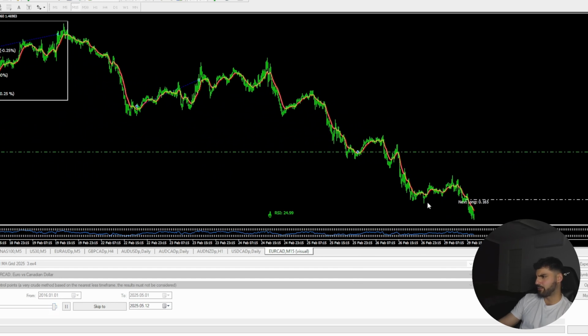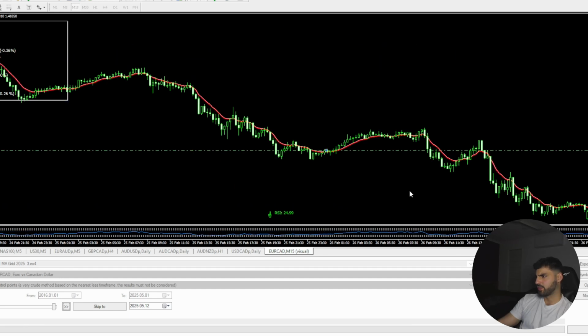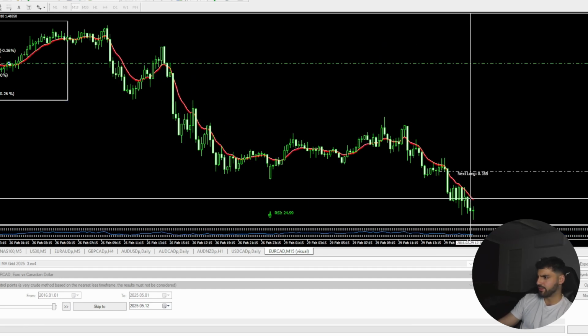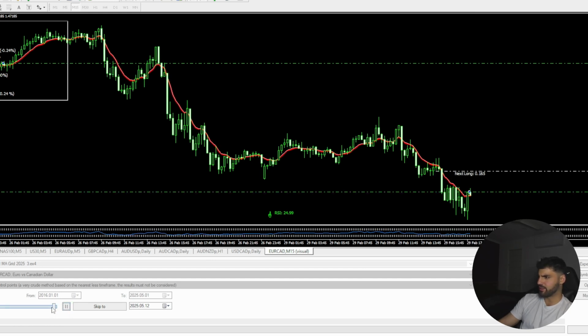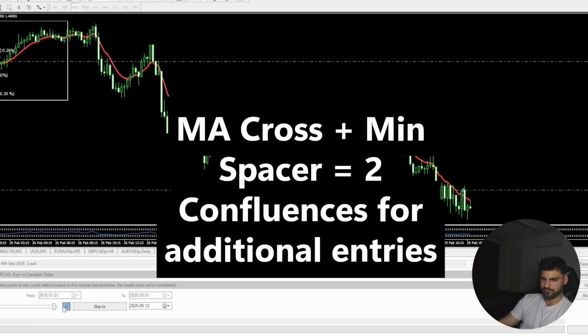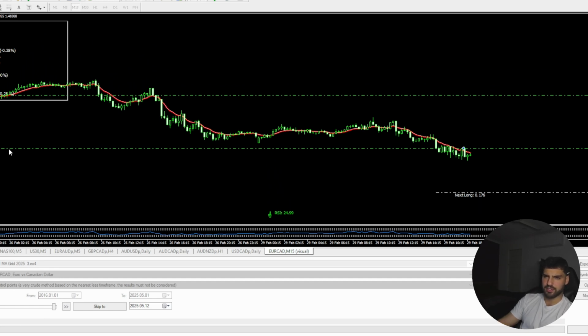Now we're below our moving average. Sorry, we're below our spacer, which is this white line here. We haven't had a moving average cross yet. Once we have our moving average cross, which we just did there, we add our next position. Then we have a spacer for our next position.